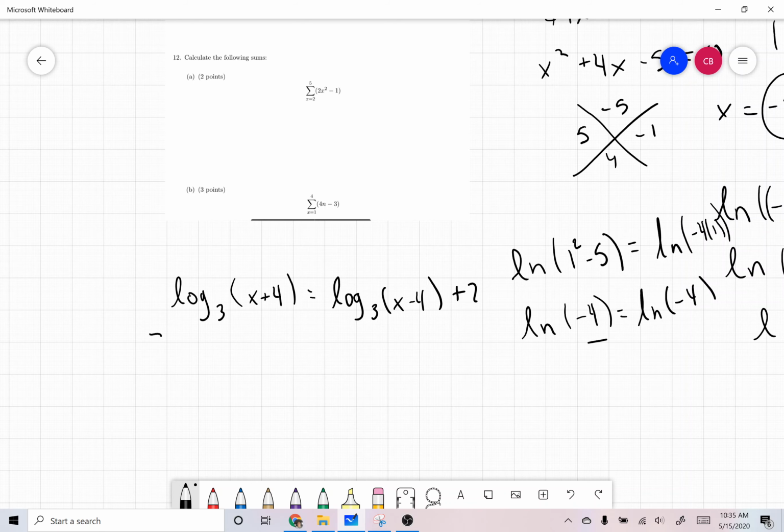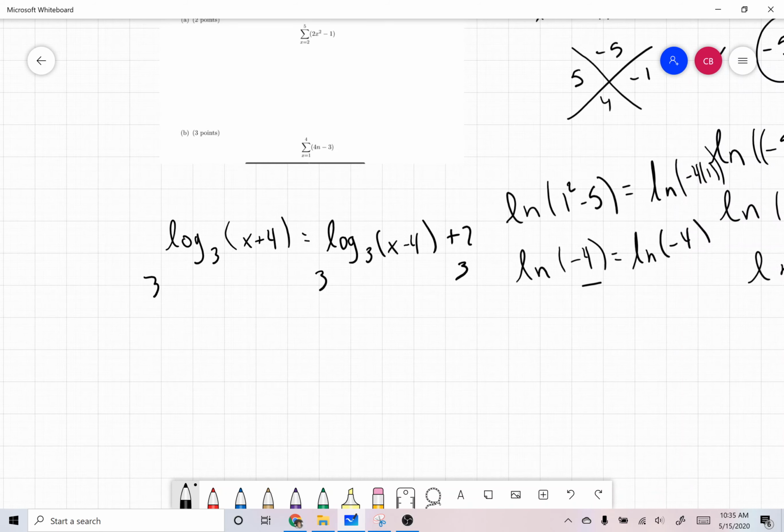So what we're going to do, we're going to act like everything's a power and raise it to that power. So this is going to be x plus 4 equals x minus 4 and then plus 3 squared. Okay, so then this is going to be x plus 4 is equal to x minus 4 plus 9.